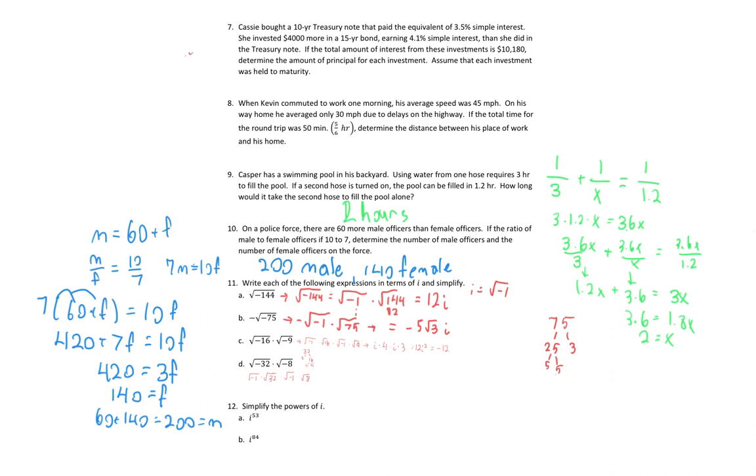We have 2 4s, so we can take one out. So we're going to get i times, this becomes 4 square root of 2. On 8, well, 8 is 4 and 2. Well, 4 can be broken down to 2 and 2. So we have 2 2s, so we'll take 1 2 out. So times i times 2 square root of 2.